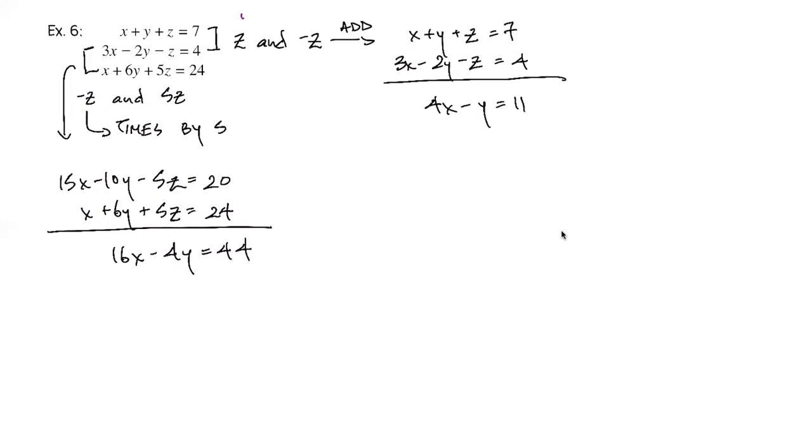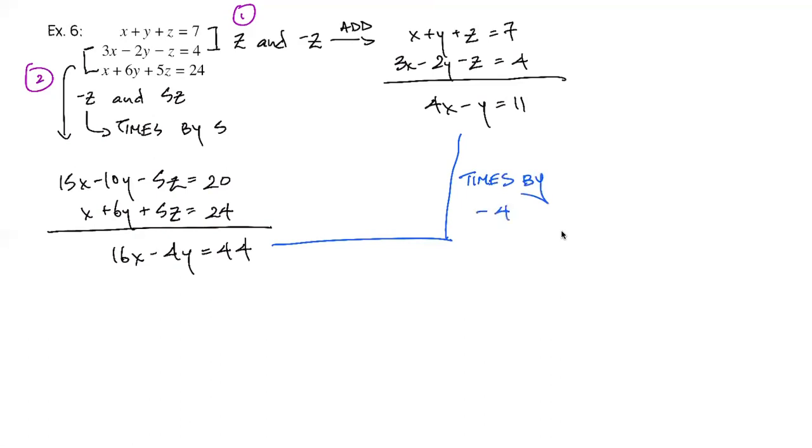So we've done elimination here, we've done elimination here. Now is the time that we compare the two equations we got and think about what multiplier might work best here. So I'm going to go ahead and multiply the top equation by -4.